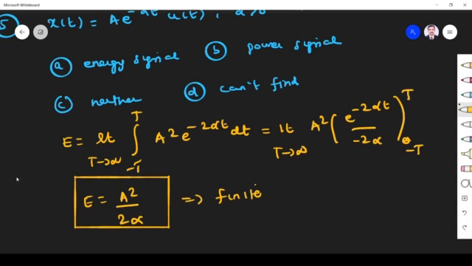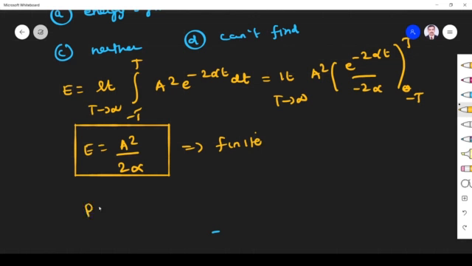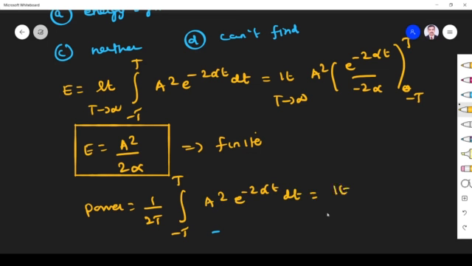Let us see power. What is power? Power is equal to limit T tends to infinity, 1 by 2T, integral from minus T to plus T, the same x of t squared. So a squared e power minus 2 alpha t dt. Here also we have to put limit T tends to infinity.